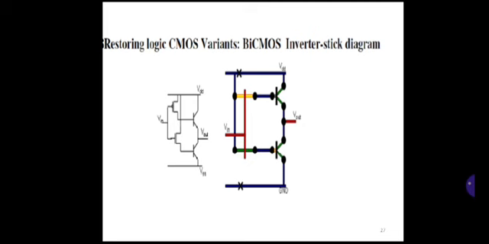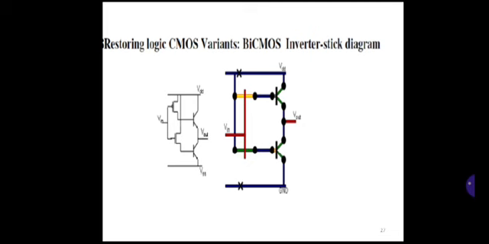So the emitter is connected to the P transistor, the source is connected to VDD, the base is connected to the P transistor, and the collector is the output terminal, Vout.